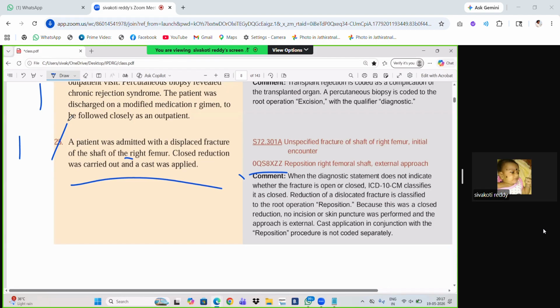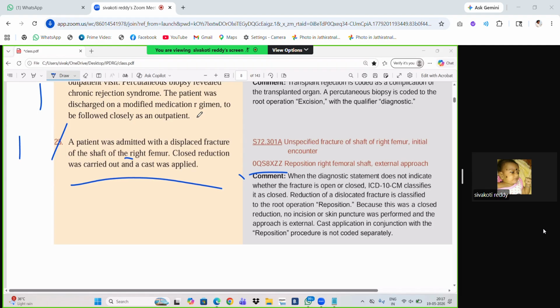Cast application. Which location did they do the procedure? Shaft of the right femur, they are performing the procedure, no? Yes, sir. So that should be the location.